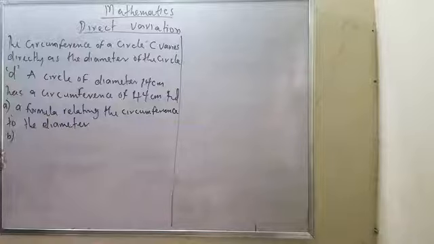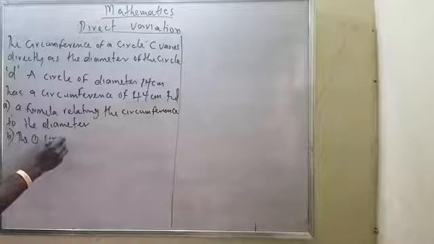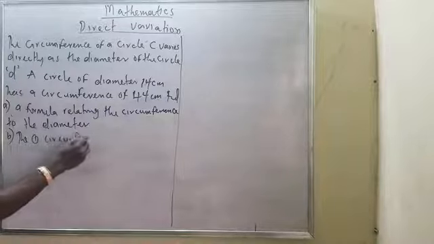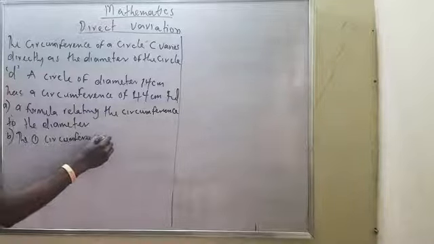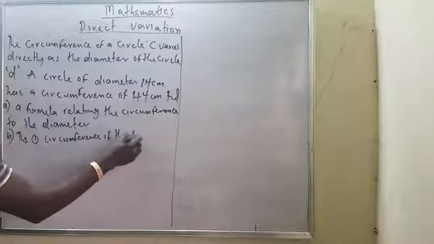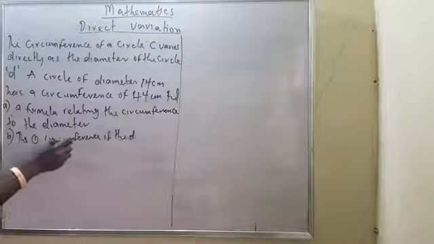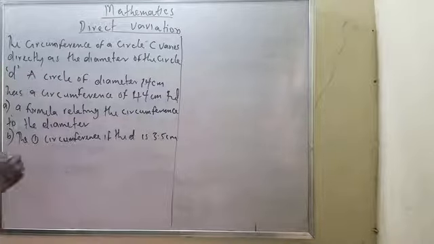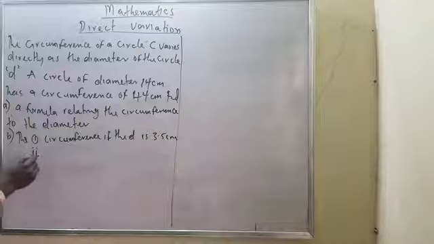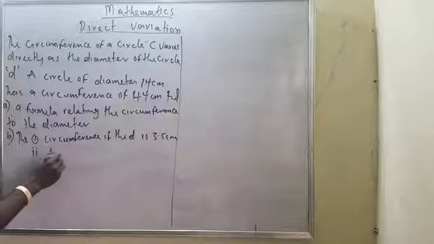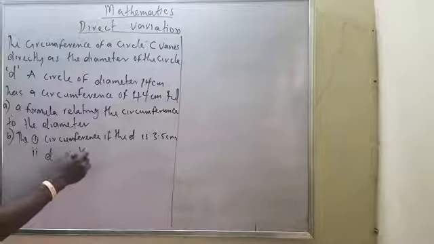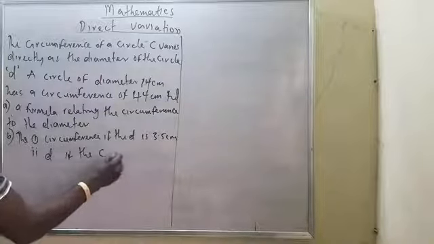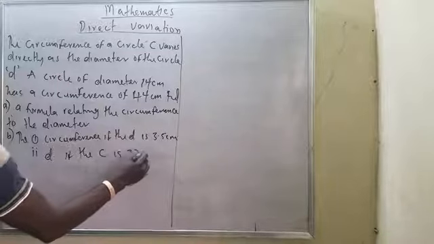B, the circumference if the diameter is 3.5 centimeter, and also the diameter if the circumference C is 33 centimeter.